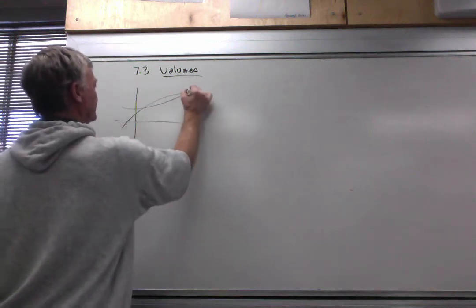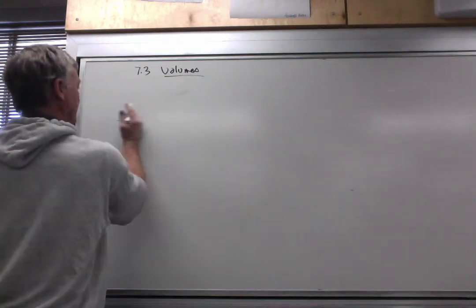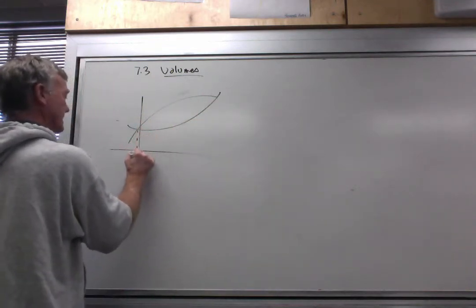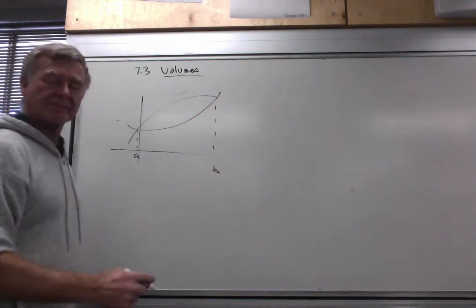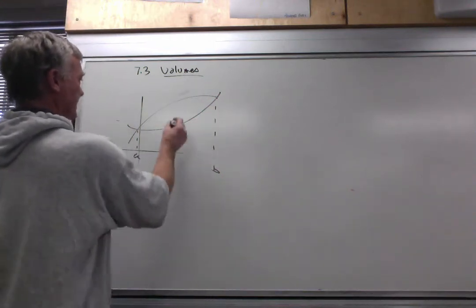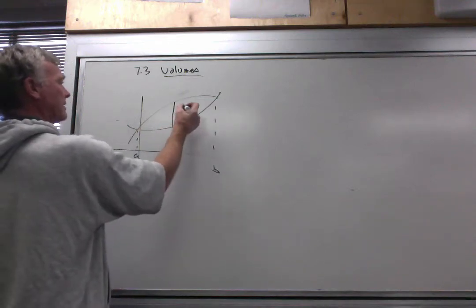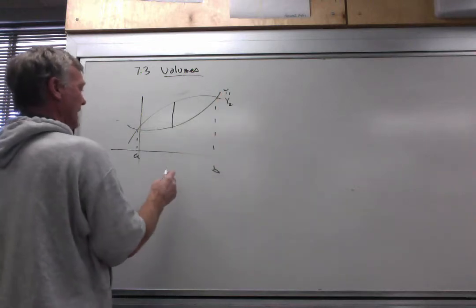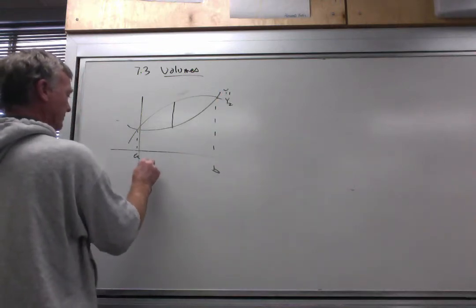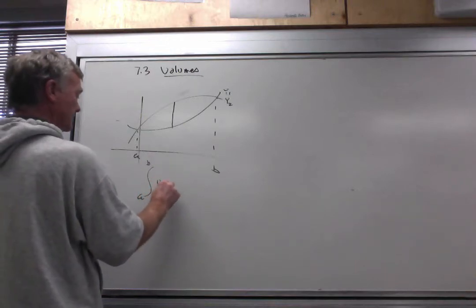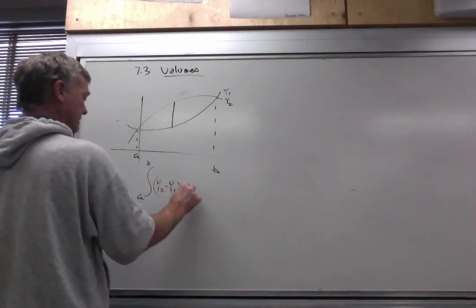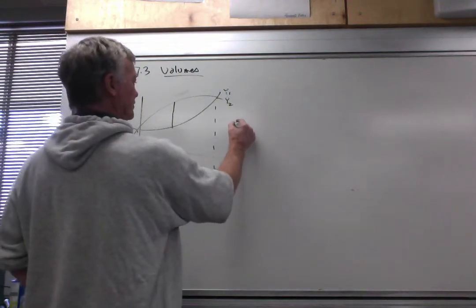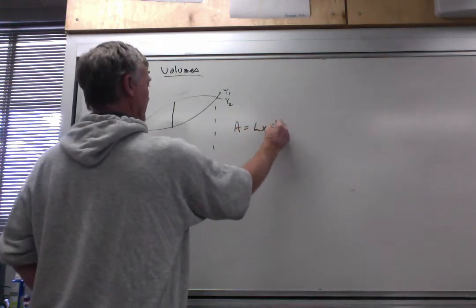If I had these 2 functions, like this is A and this is B, and I said find the area between there, you guys should know that you're going to find that length, and let's say this is y2 and this is y1, and we would then integrate from B to A, or from A to B, y2 minus y1 dx.